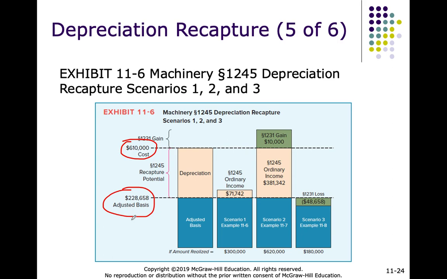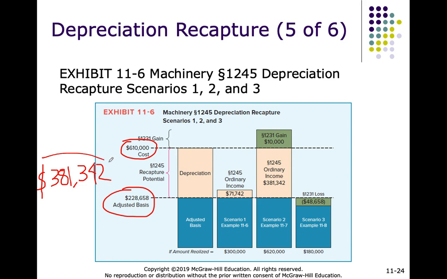This is our accumulated depreciation for tax purposes. It's important to keep track of that, because we are going to have to recapture some of this depreciation that we have previously benefited from. Basically, we pay less taxes because we were able to deduct the depreciation. So what the government is saying is, okay, you benefited from this.